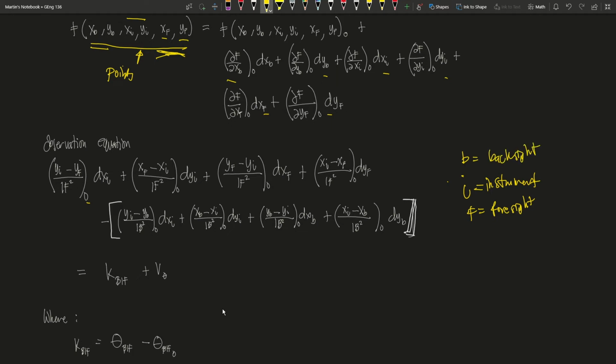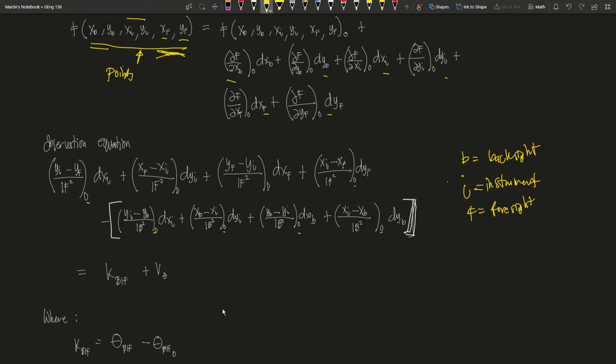Kindly see the formula properly. We will observe that the left-hand side of the equation is full of not values, meaning you need to compute this in every iteration, which is equal to K plus your residual.